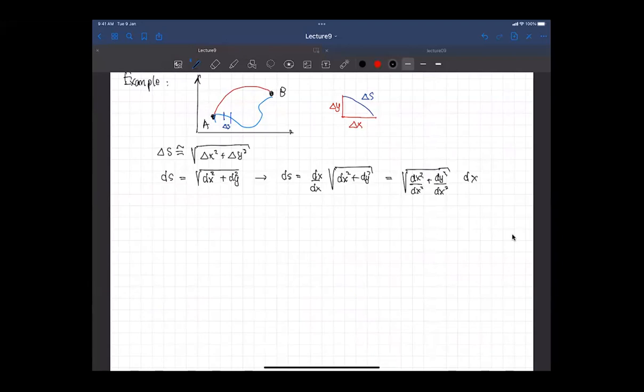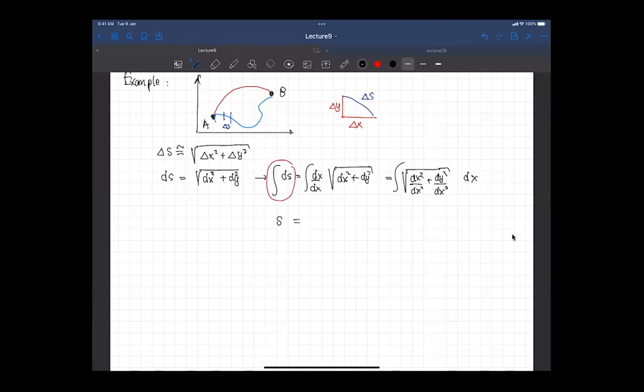Correct? Then I can take the integral of ds, and I have the integral of that particular term. So if I integrate ds, it gives you s.